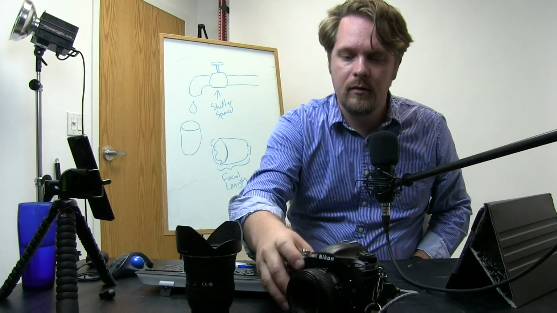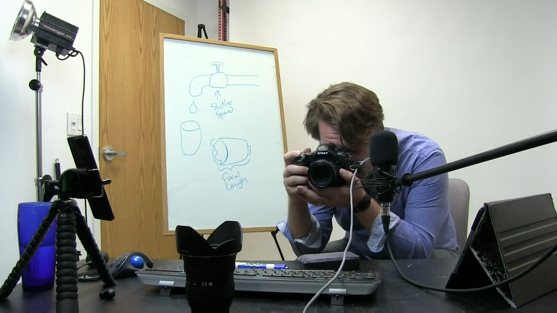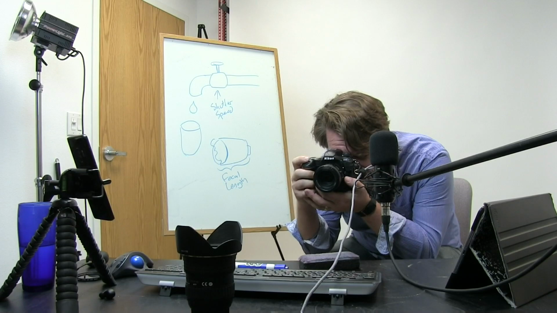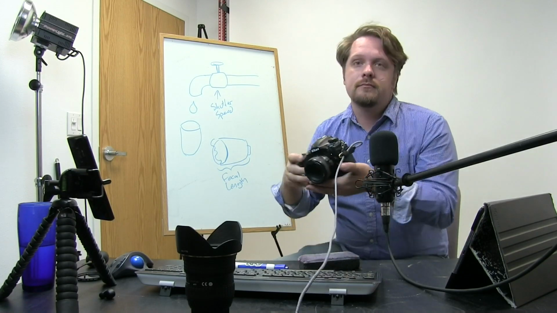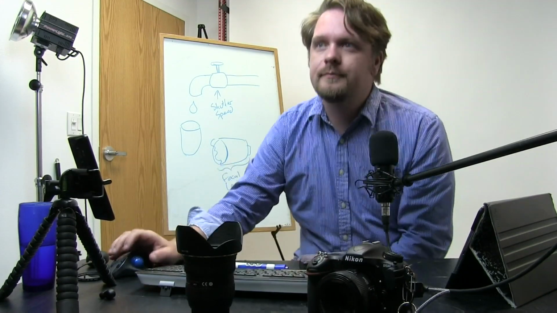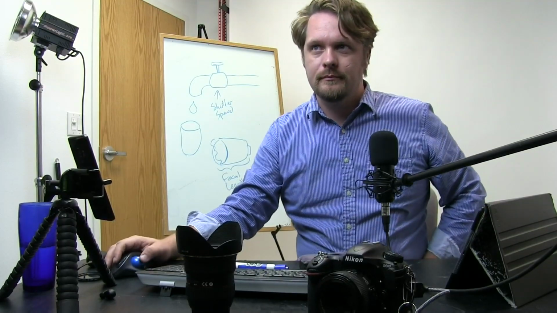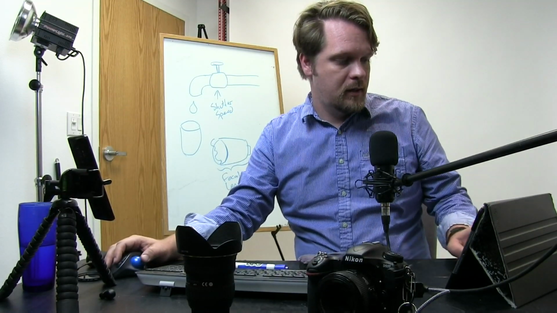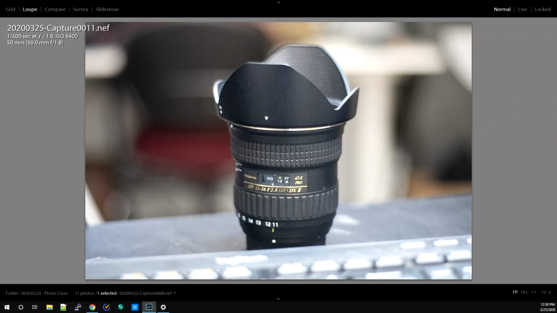And we'll see how that turned out. You know what, we're going to bump our shutter speed up just a bit. Here we go. So here's what we end up with.